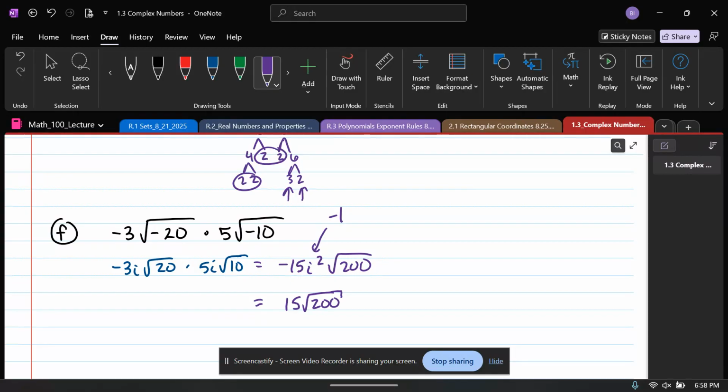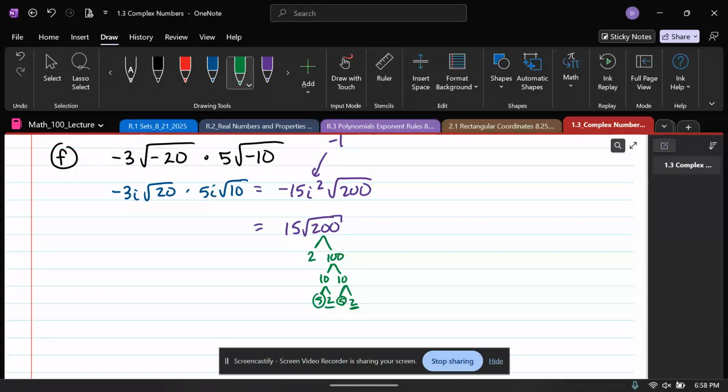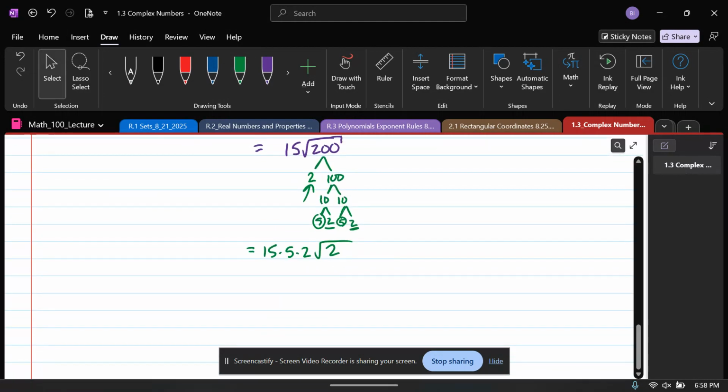Now I'm going to break down my 200. 2 times 100. 10 and 10. 5 and 2. 5 and 2. Got a pair of 5s. Got a pair of 2s. So I got a 15 times a 5 times a 2, radical. There's a 2 that doesn't have a buddy. 15 times 10 would be 150.